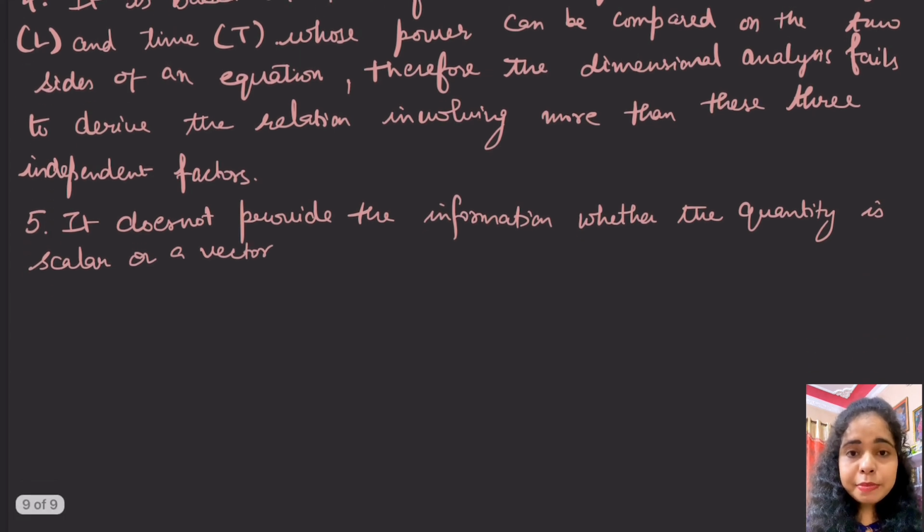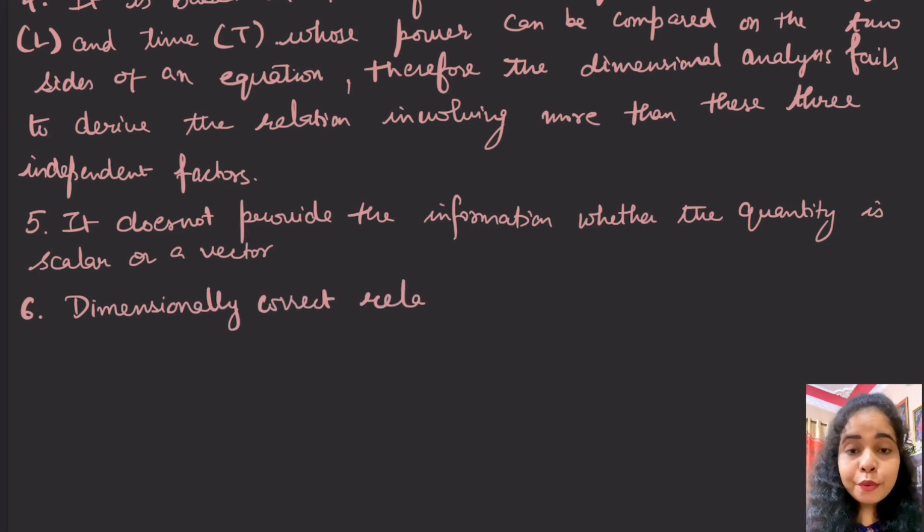The last limitation of dimensional analysis is that there are some physical relations which are dimensionally correct, but when we look into the relation quite deeply, we find that these dimensionally correct relationships are physically wrong. So a dimensionally correct relation may not be physically correct.